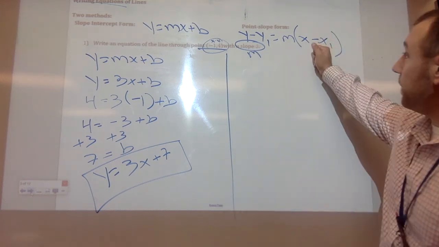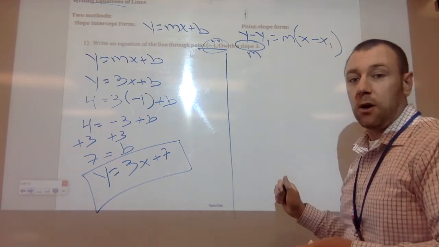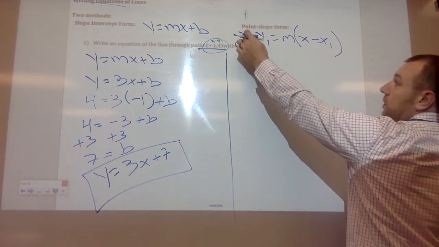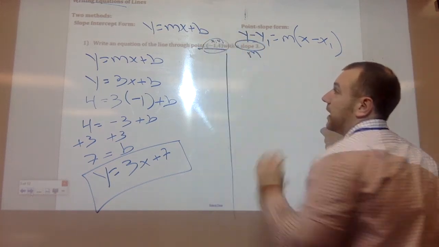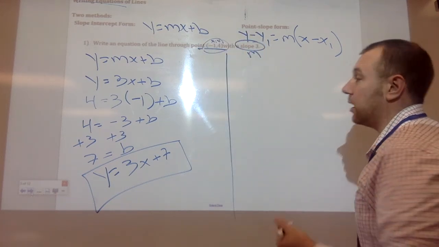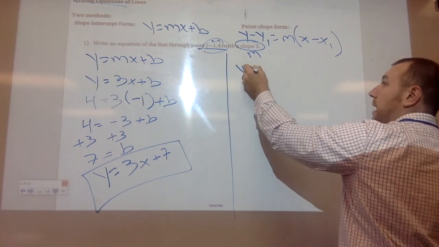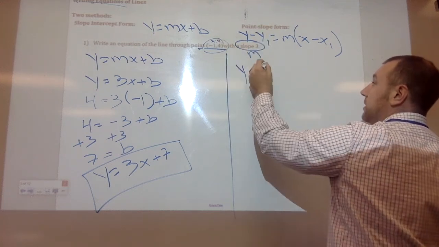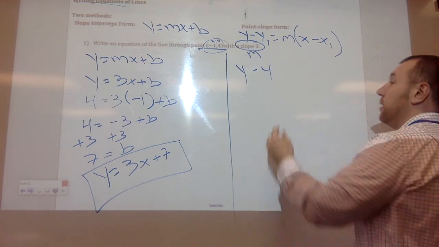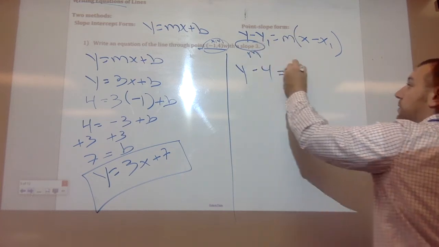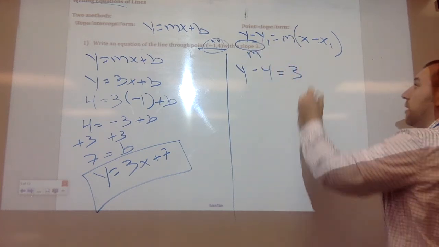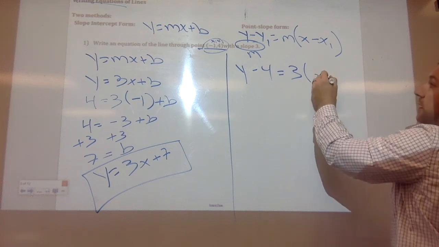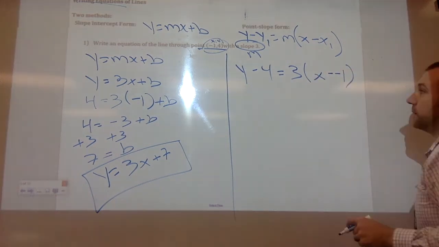For point-slope, I do the same thing, but I can plug it in all at once. So this point represents x1 and y1. So y minus my y1, which in this case is 4, equals m, which I already discussed is 3, times x minus -1.